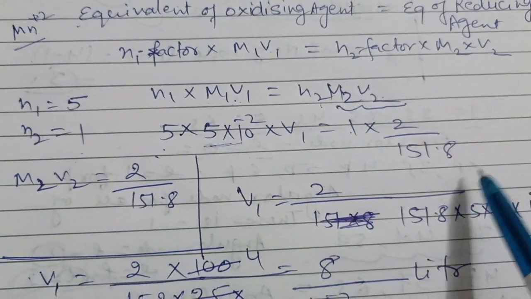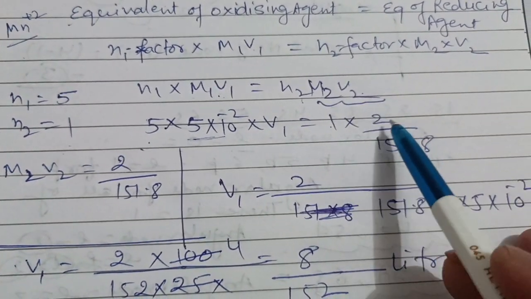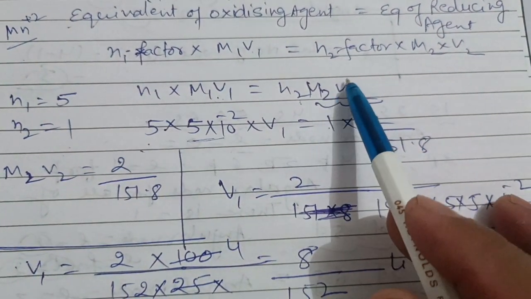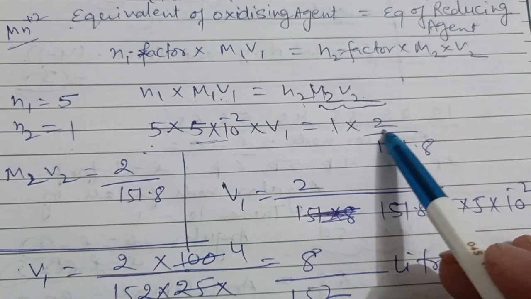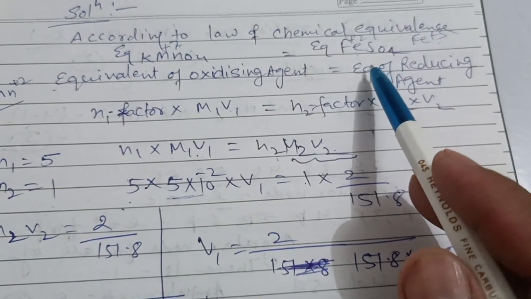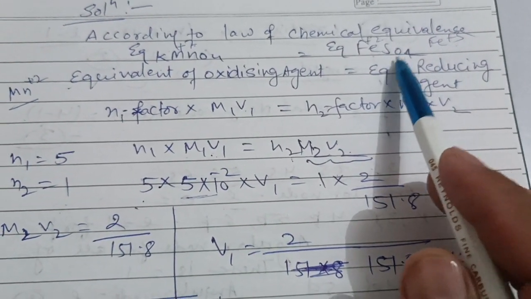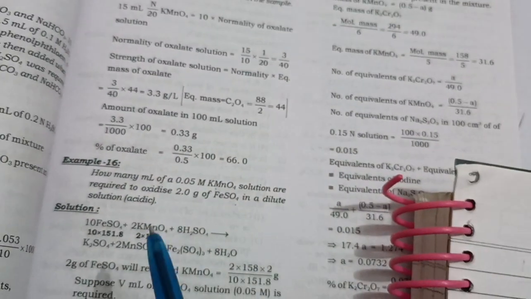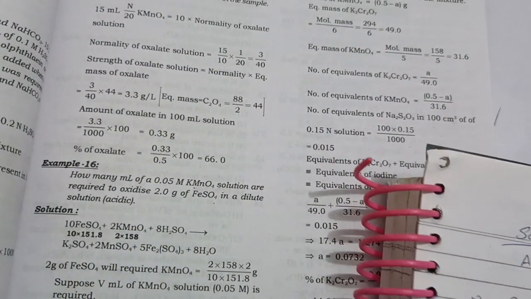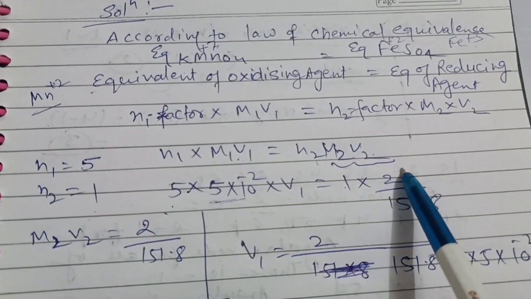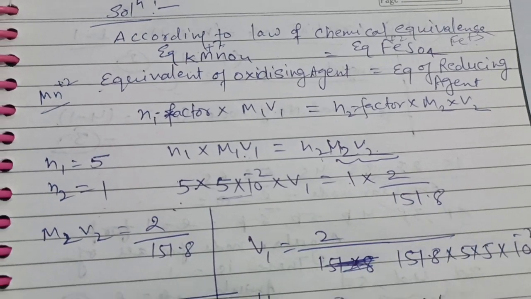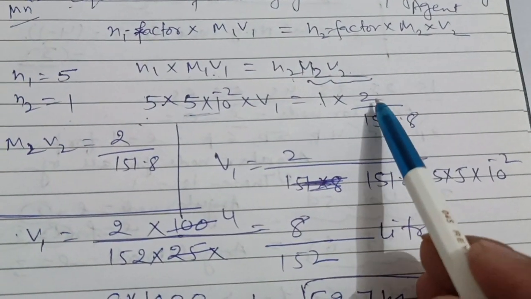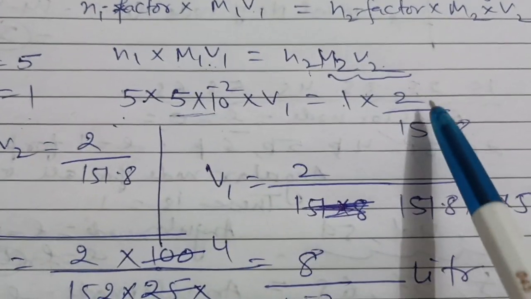For the reducing agent, the mass given in the question is 2 gram, so we can convert this into number of mole by the formula given mass divided by molar mass.